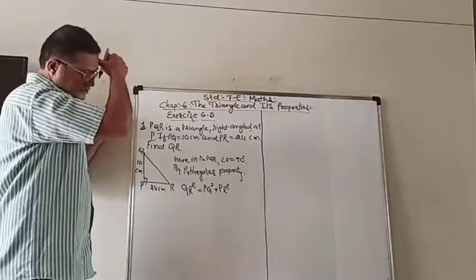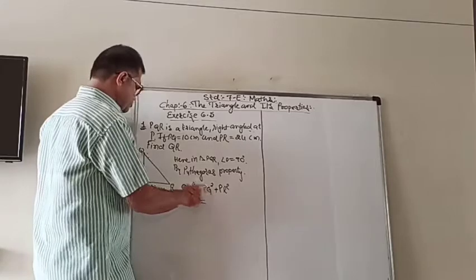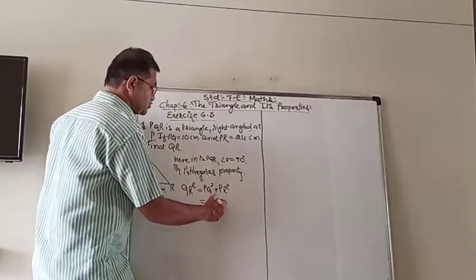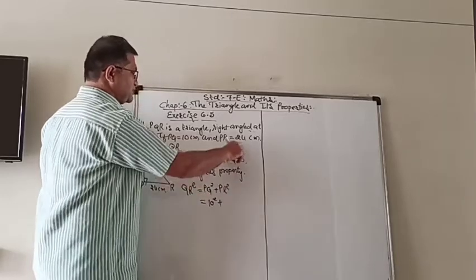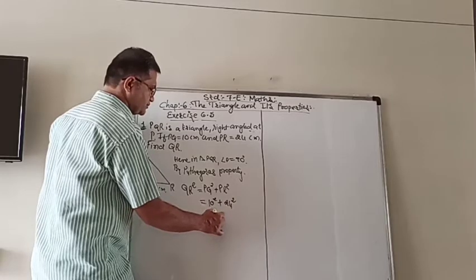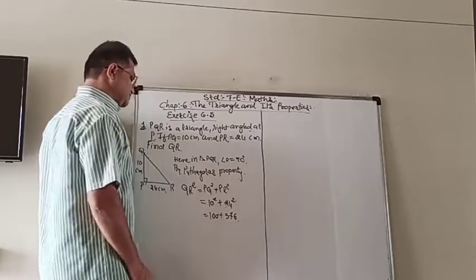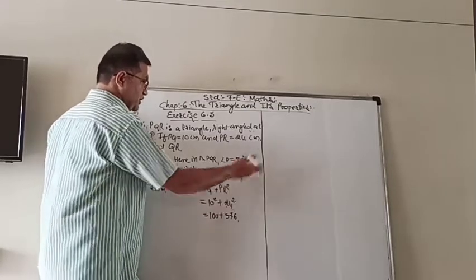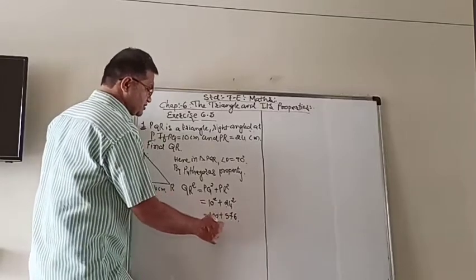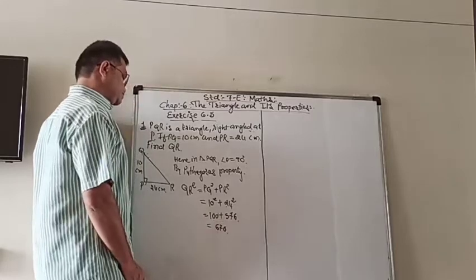Now we will substitute the values of the given sides. PQ is given as 10 centimeter, so 10 square plus PR, which is given as 24 square. 10 square is 100. 24 square is 576. If you don't remember 24 square, you can work it out in rough. 576 plus 100 is 676.